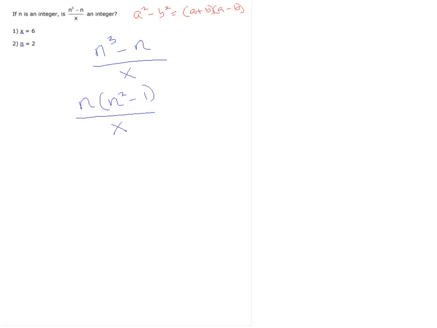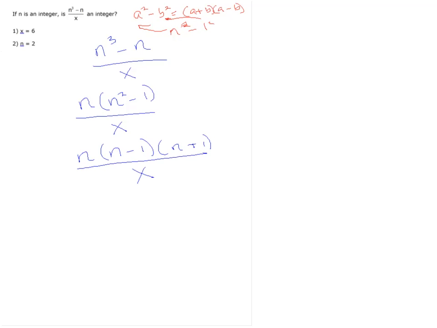So n squared minus 1, well, that's the same thing as n squared minus 1 squared. So if you see here, that's in the form of a difference of squares. So what we can do is re-express the numerator again as n times n minus 1 times n plus 1 over x.